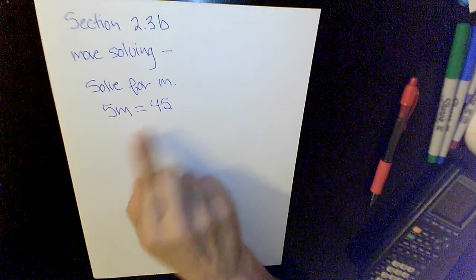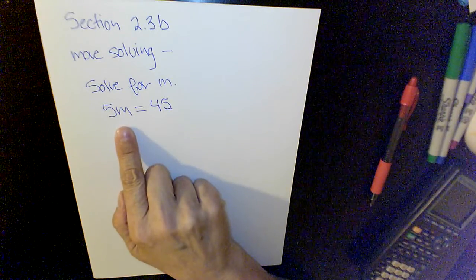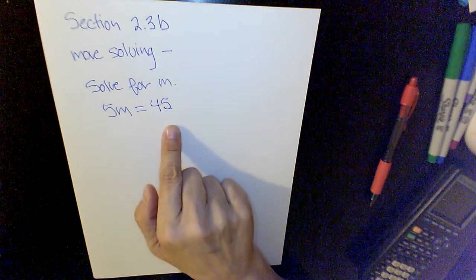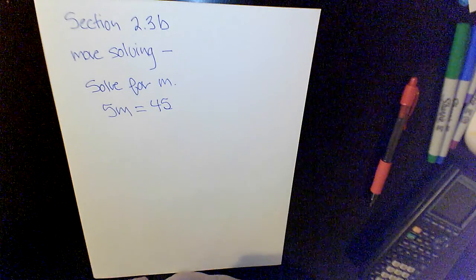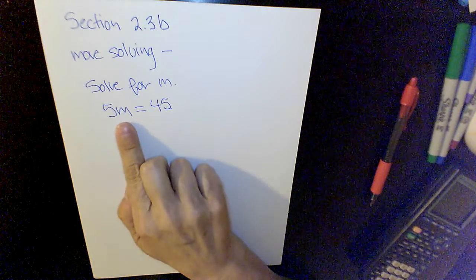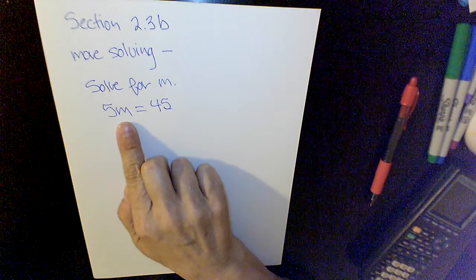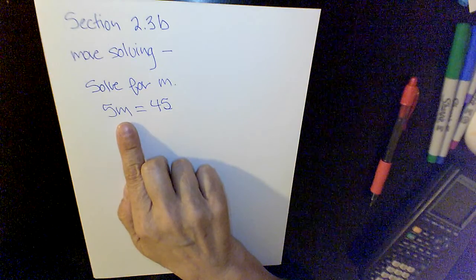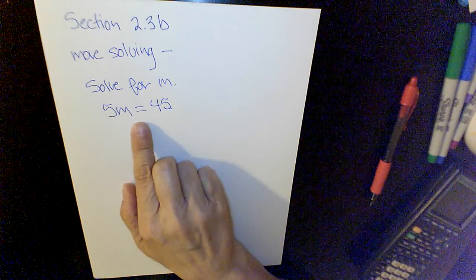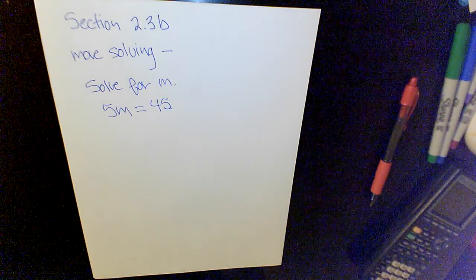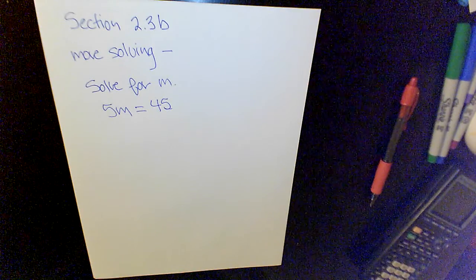Solve for m, and they're giving me this equation, 5m equals 45. So 5 times some value m, we don't know what it is, or you might know it already off the top of your head just by looking at it, equals 45. So I'm multiplying 5 times m.